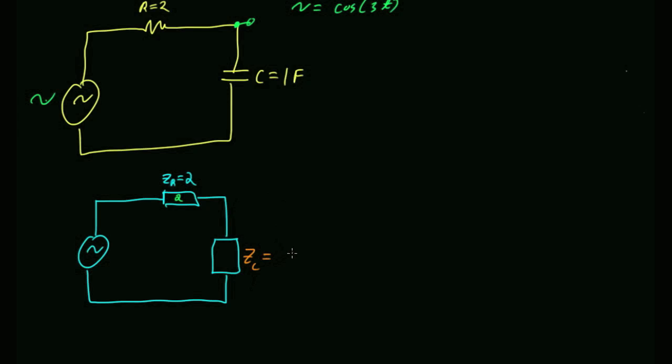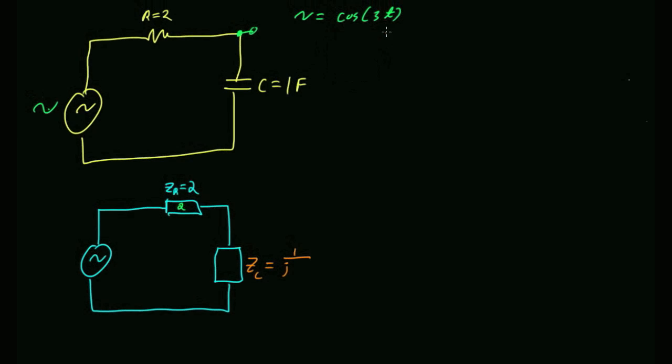So this is going to have a complex impedance of 1 over j times omega, which is 3, times c, which is 1. You see what I've done? Complex impedance, Z equals 1 over j omega c. We could do the same problem with phasors, but for whatever reason, let's just try it with a complex number now.